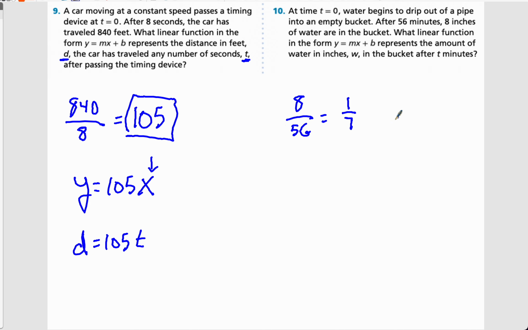And we can write the equation y equals 1/7 x. But they did it again. It's water, so it should be W equals 1/7 T. I always forget to check that. I like using x's and y's instead of D's and T's and W's.